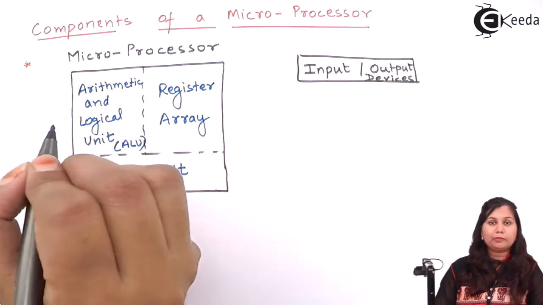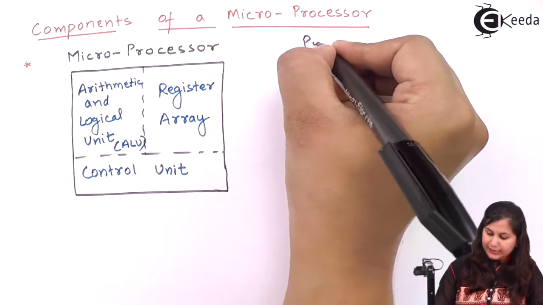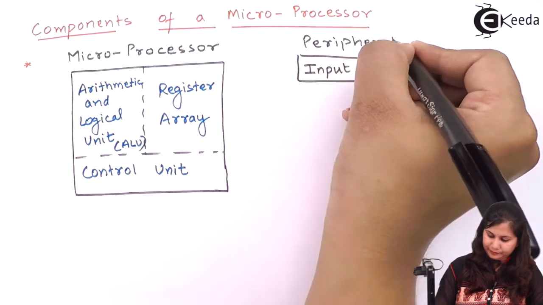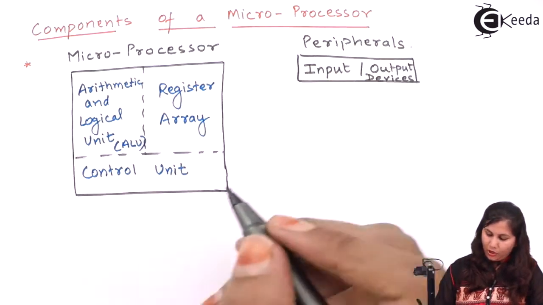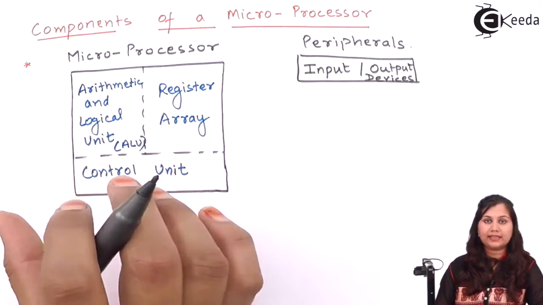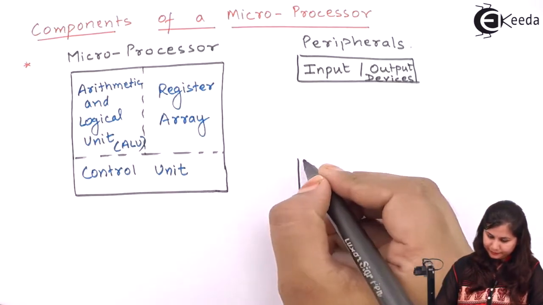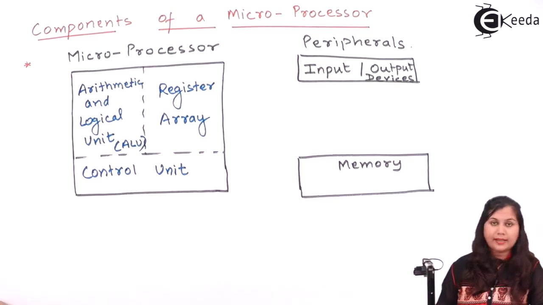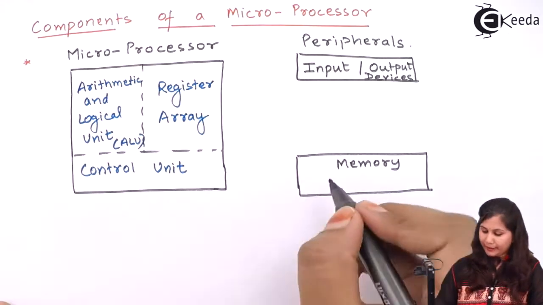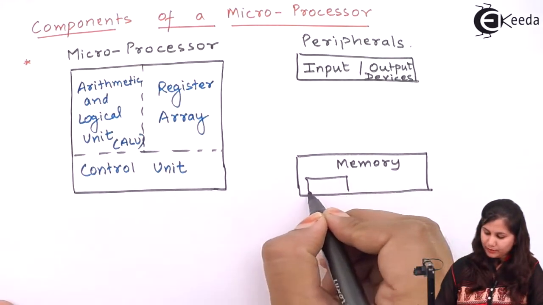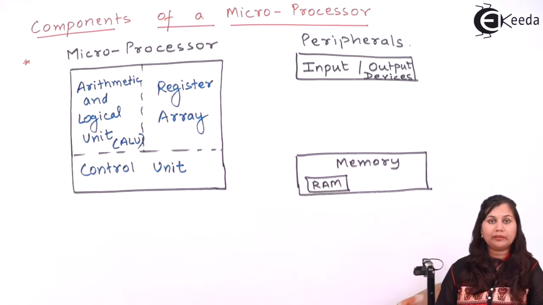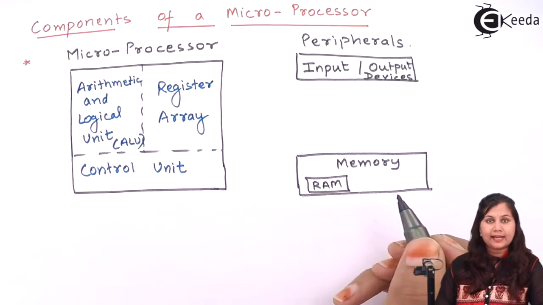These input and output devices are also known as peripherals. Also this microprocessor has a memory. This memory is of two types, RAM and ROM, just like in computers, we have read-only memory and random-access memory.